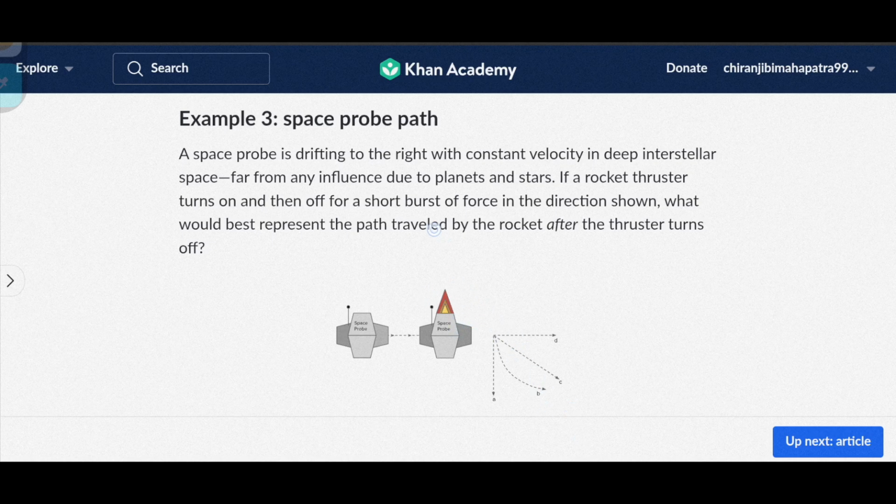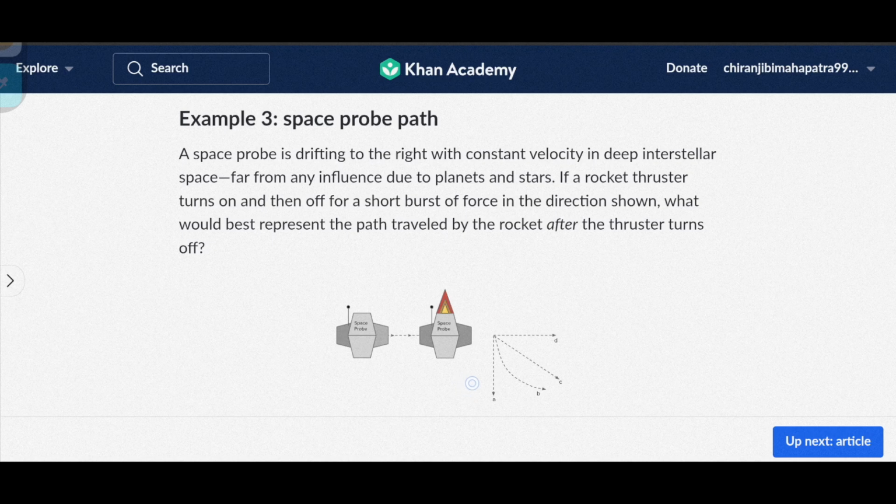But here he says the thruster turns on and then off for a short burst of time. So after the thruster turns off, the space probe will gain a vertical velocity in the downward direction.